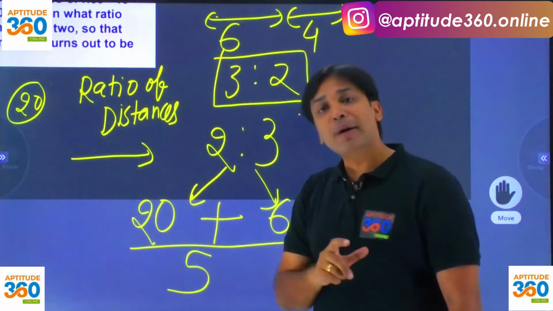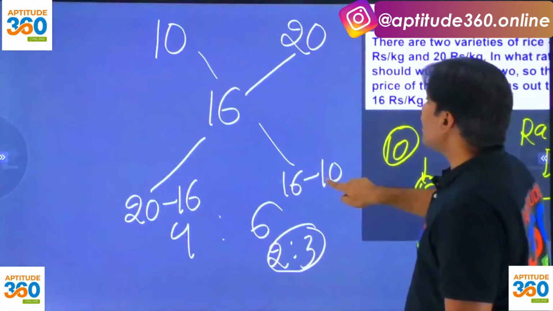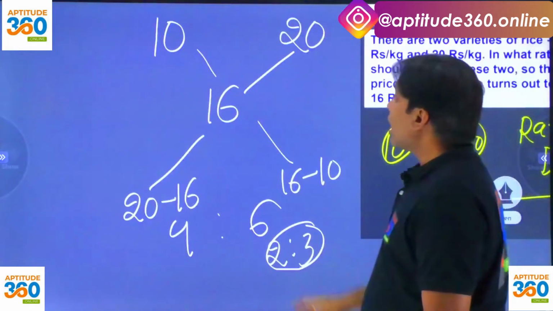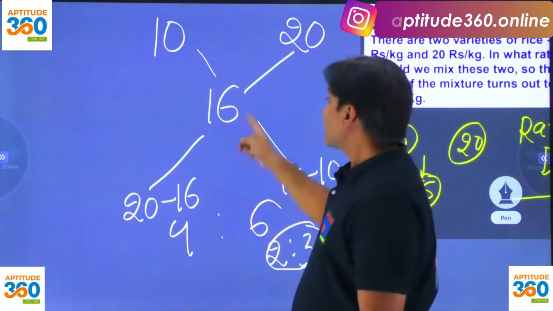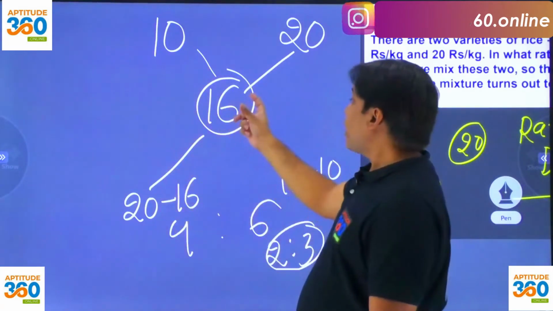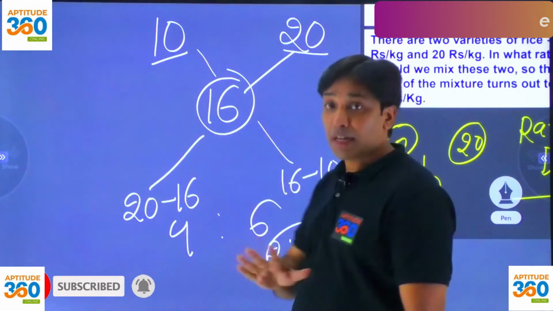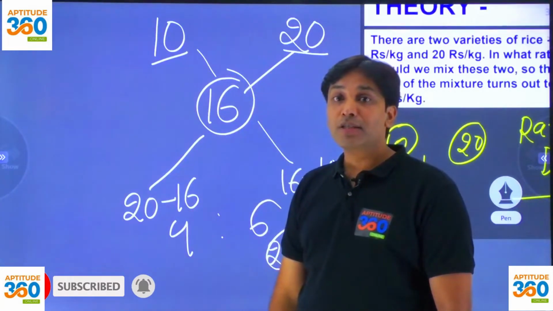And I say there is no need to reverse every time. What you can do here is concentrate on this method, where you clearly know that the price of the mixture, any which way, is going to be more than one variety and less than the second variety. Does this make sense to you?